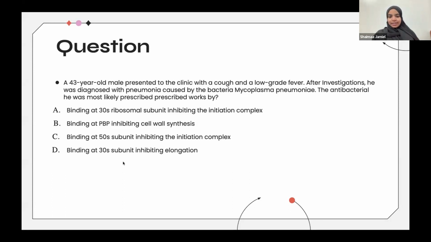Any other answers? When you say C, what drug do you have in mind? And when you say D, what drug do you have in mind? So C, you have macrolide in mind, and D, tetracyclines. Okay.